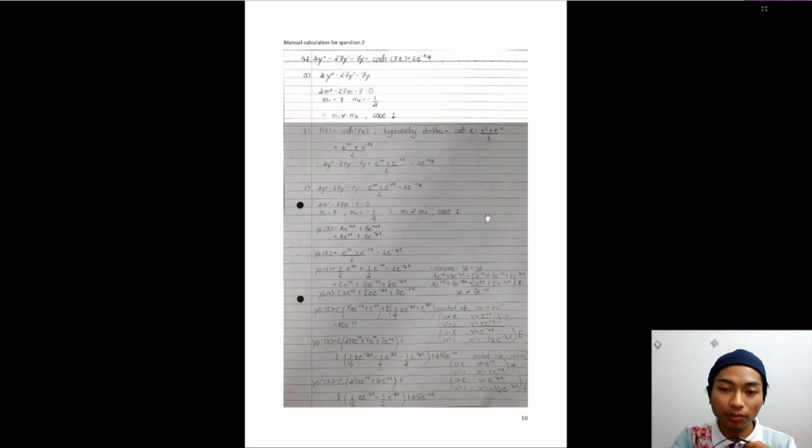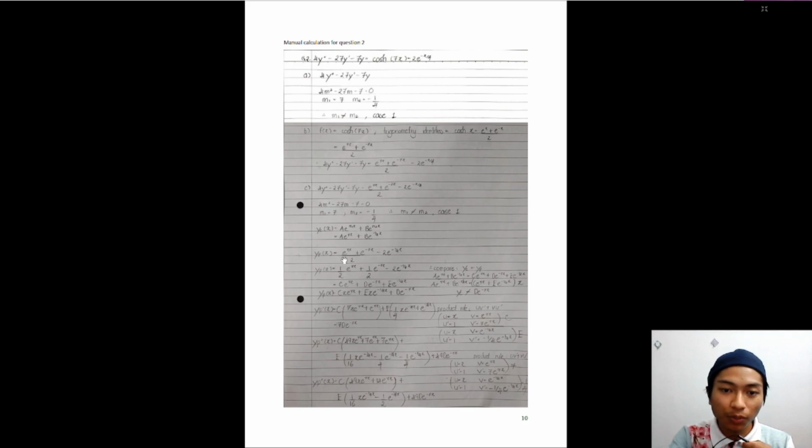Because this is case number 1, the equation for yc is a e to the m1x plus b e to the m2x. So the final equation for yc is a e to the 7x plus b e to the negative 1 over 4x. We just put in the values of m1 and m2 in the equation.